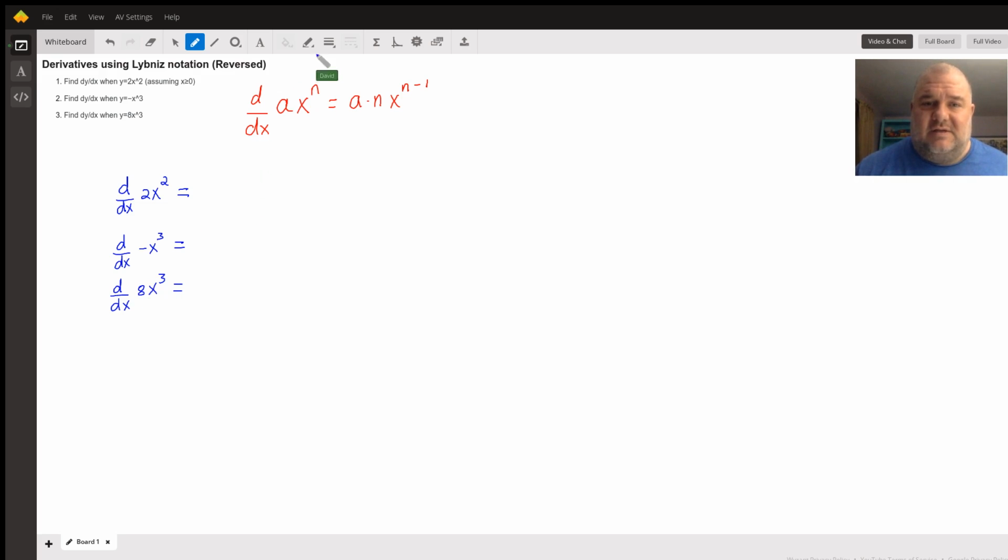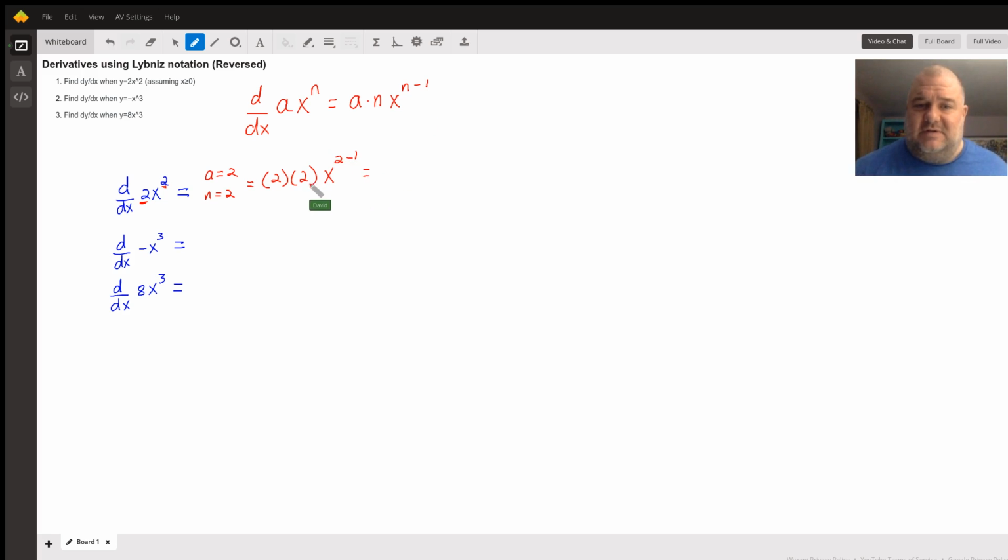So if we apply that to your problems, we look at the derivative of 2x squared. First note that in this problem, a equals 2. That's our coefficient, 2. And n also equals 2. That's our exponent, 2. And so using the general power rule, we say a times n, so it's going to be 2 times 2, and then x to the n minus 1, so that's going to be 2 minus 1.